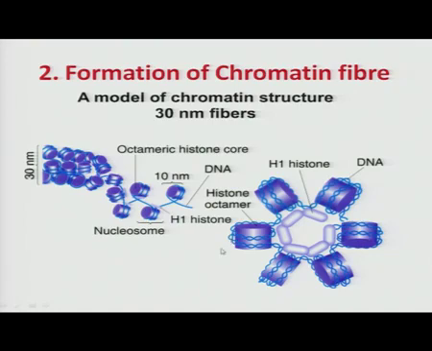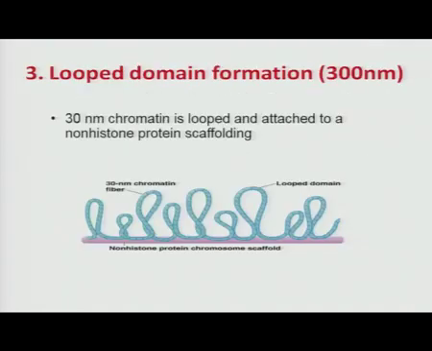Next to this chromatin fiber, with the help of some non-histone protein which is called scaffold protein, it gets more condensed to form 300 nanometer fiber.